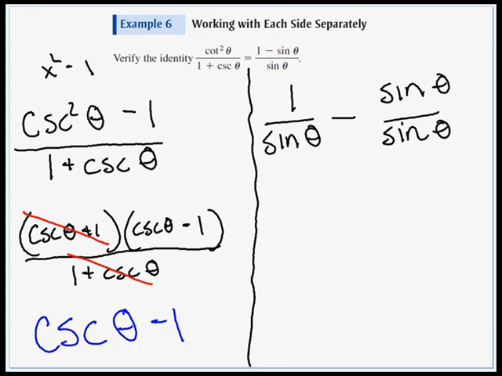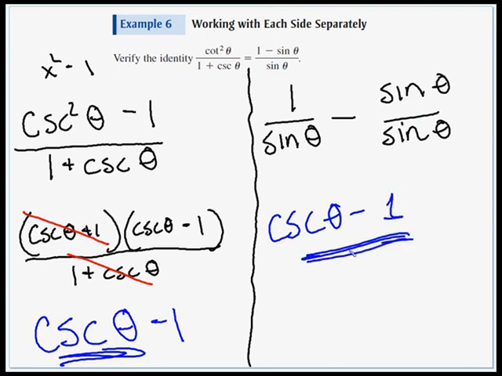So let's see here. 1 over sine, well, sine is reciprocal with cosecant theta, just like we have here, minus anything divided by itself is 1. That was a little easier. Cosecant theta minus 1, cosecant theta minus 1. We worked with both sides sort of simultaneously until we got them to be the same thing.